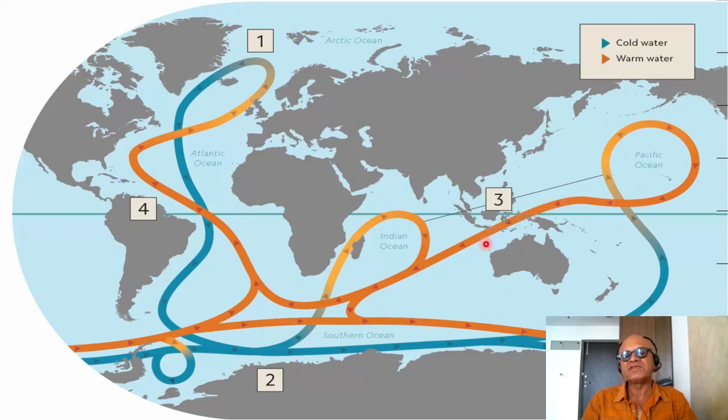This upper part of this is called Indonesian throughflow, so that becomes part of this return flow, and some of the flow around here comes back, becomes Agulhas retroflexion, and this becomes the Agulhas current, and then crosses the equator again over here and transports heat across the equator from the southern hemisphere into the northern hemisphere. So there is heat coming across here and heat going north here.